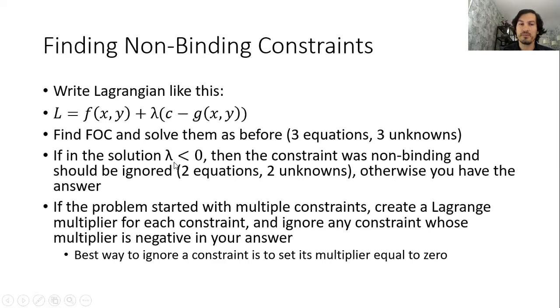hold. I said a lot last lecture that you can just ignore the constraint. It doesn't matter at all. I think maybe more precisely is you set lambda equals 0, and then it will disappear from the Lagrangian. That's a better way to describe it. It still has to hold in the solution. It just won't bind.